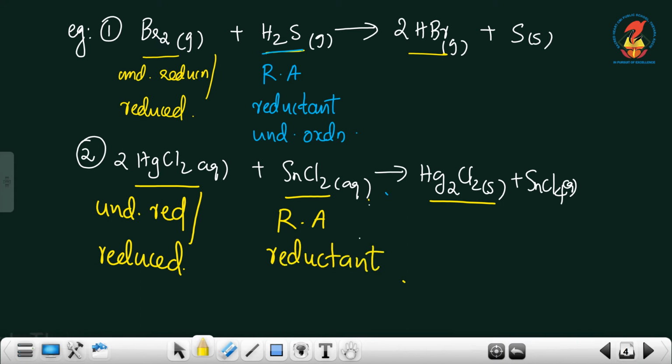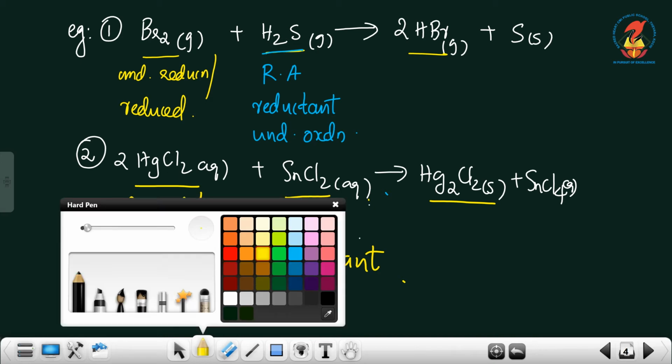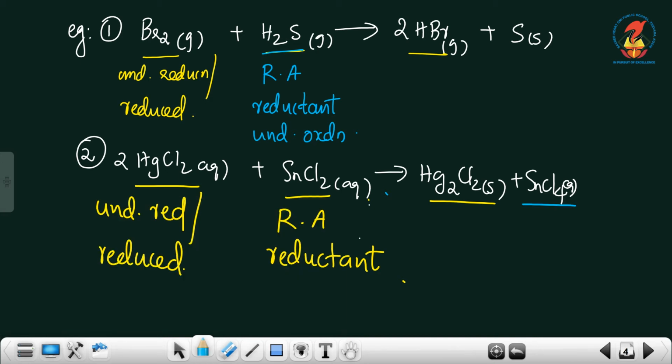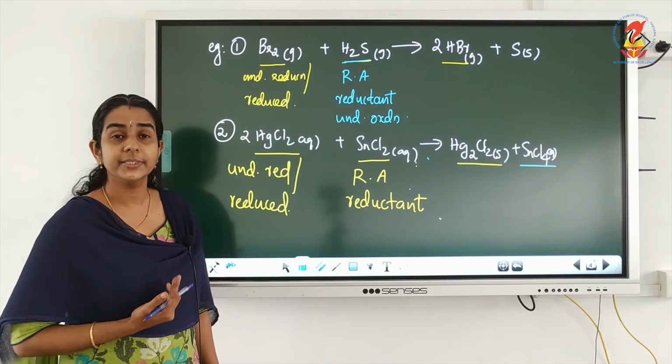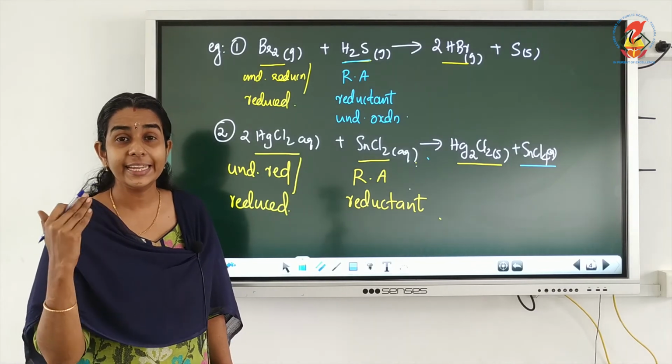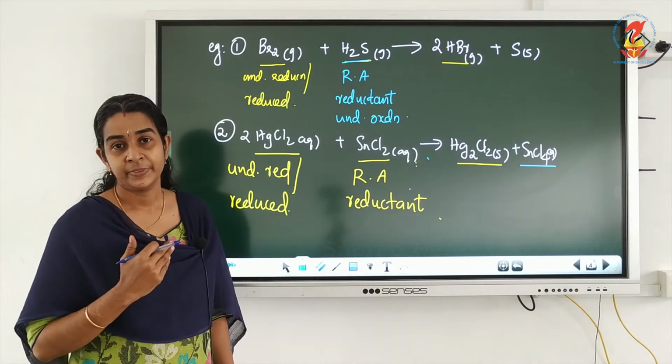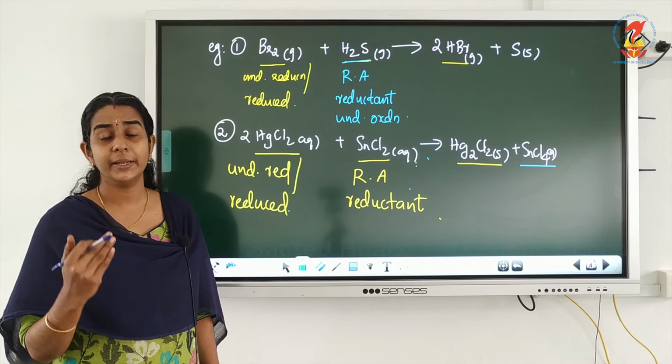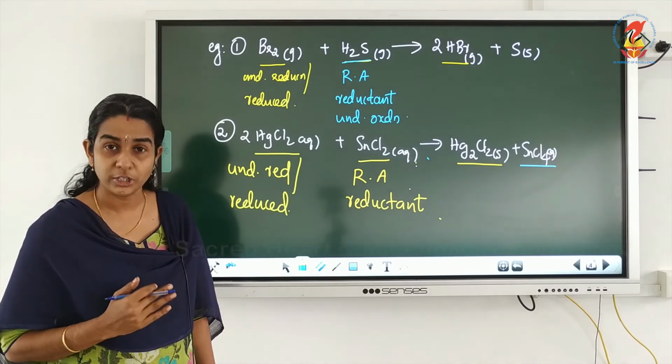And see what is happening to SnCl2 here. SnCl2 became SnCl4. How does SnCl2 become SnCl4? By the addition of chlorine, which is a highly electronegative element. An addition of an electronegative element like chlorine can be considered as oxidation.